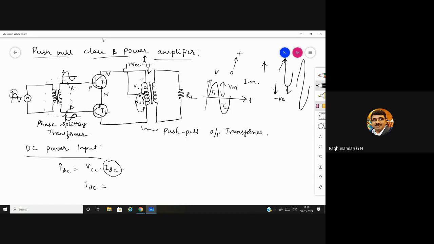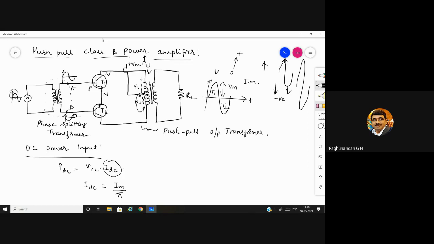Same as the rectifier equations. What is the average current equation? Im by pi, because it is flowing only for 180 degrees.